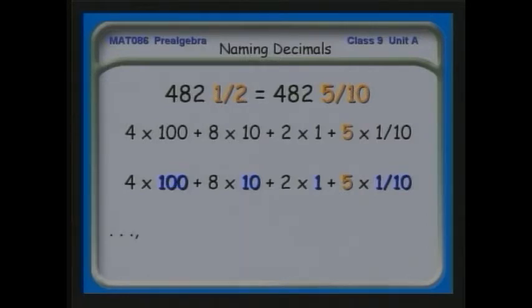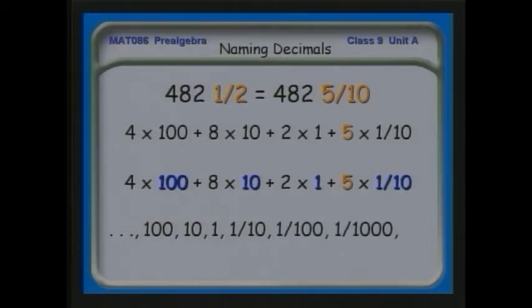So I can say that we could represent numbers this way. You know, 1,000, 100, 10, 1. Then going the other way, in terms of quantities less than 1, we can say 1/10, 1/100th, 1/1000th, and so on.